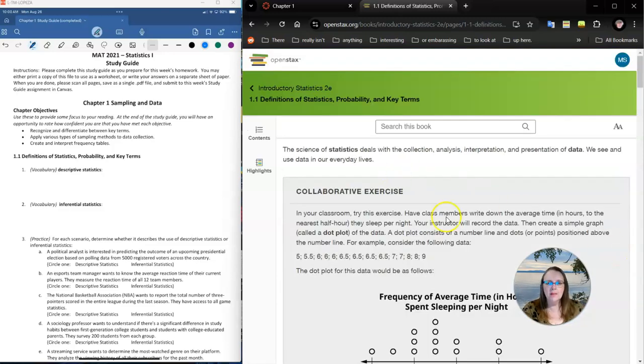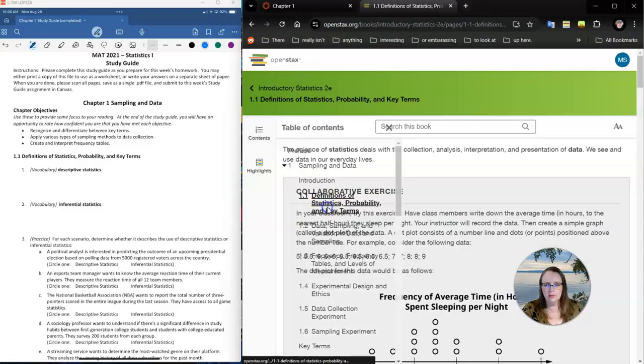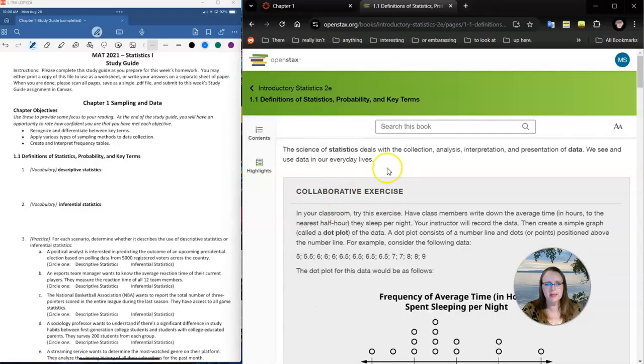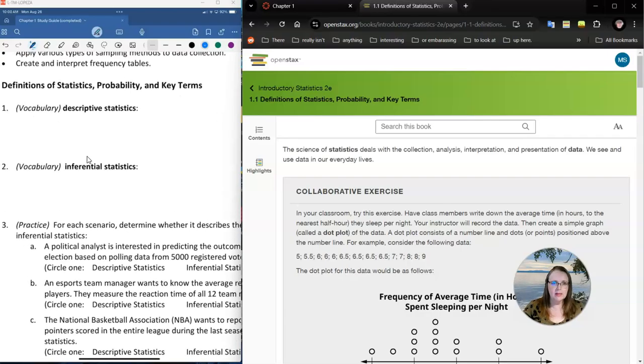So this is section 1.1, and you could get to it just by clicking here directly, and you can see 1.1 in our study guide here, and we're going to fill in some things in that.